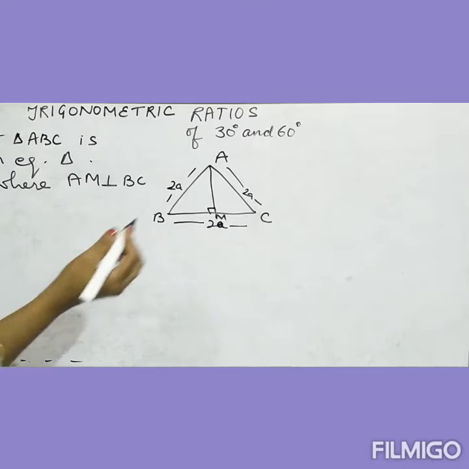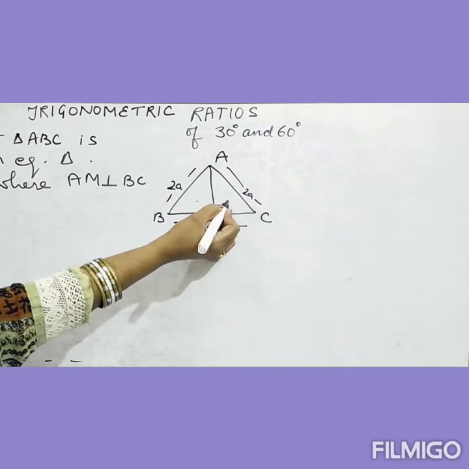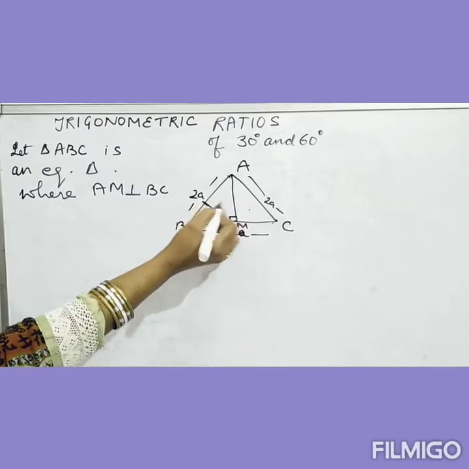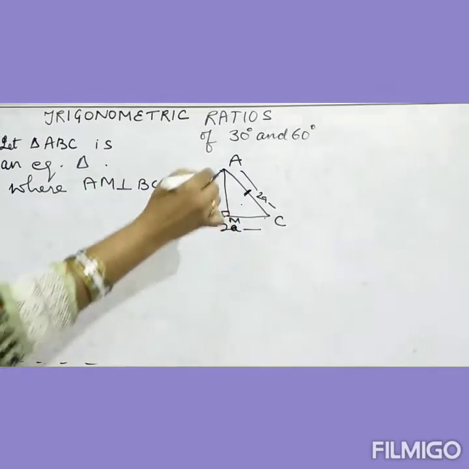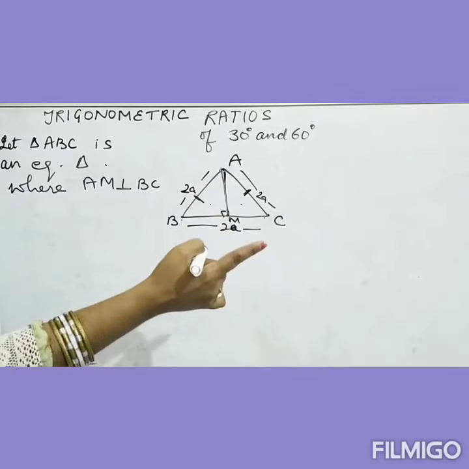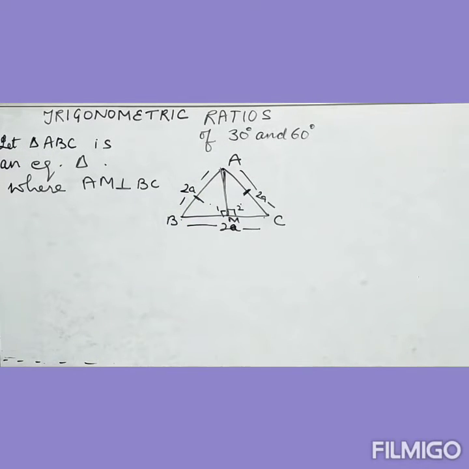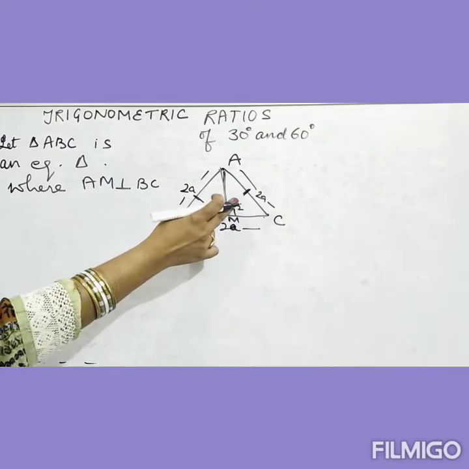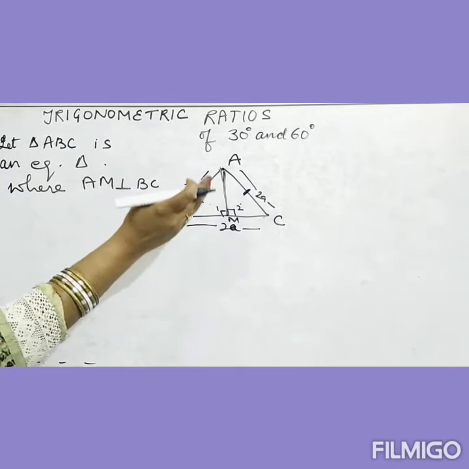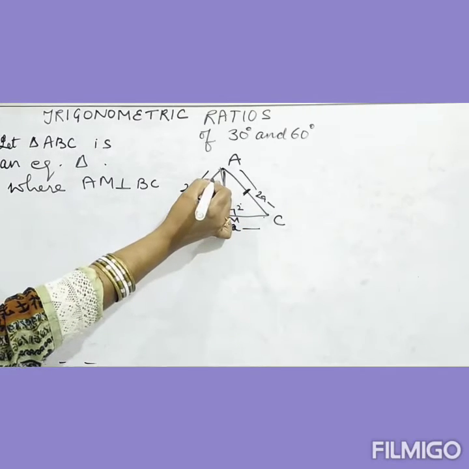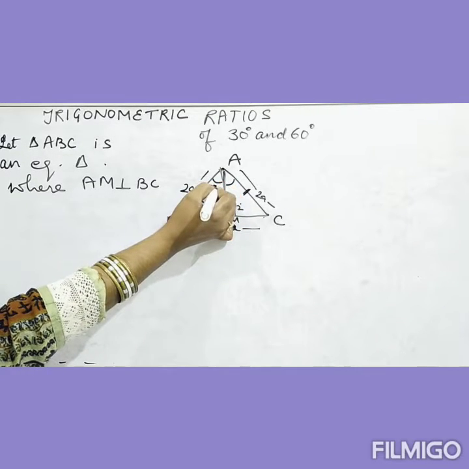Let me remind you that if I'm taking these two triangles, AMB and AMC, AB is equal to AC, number one, AM equal to AM common, and these two angles 1 and 2, let me give the name to these angles. Angle 1 and 2 both are equal because both of them are equal to 90 degree. So these two triangles are congruent by RHS congruency rule. And if these two triangles are congruent, that means these two angles must be equal, 3 and 4.